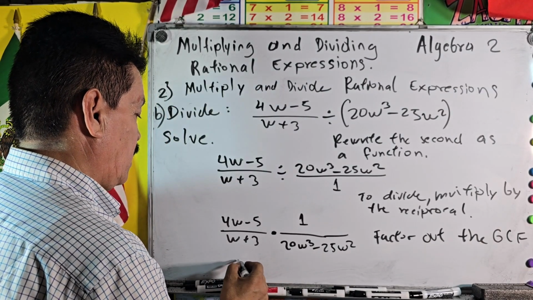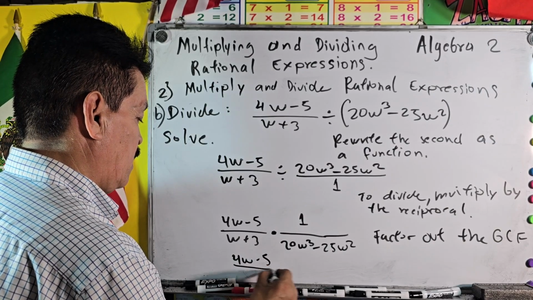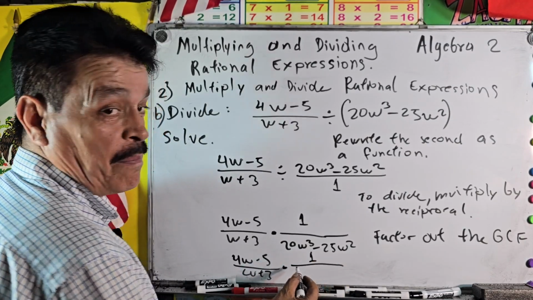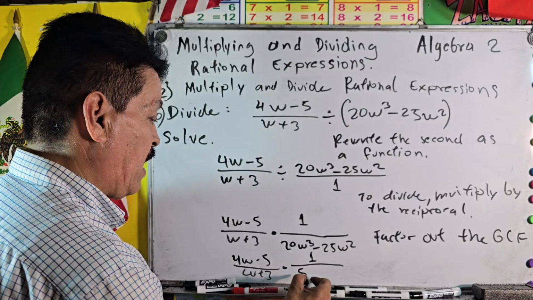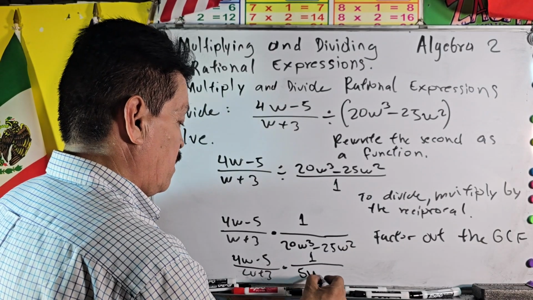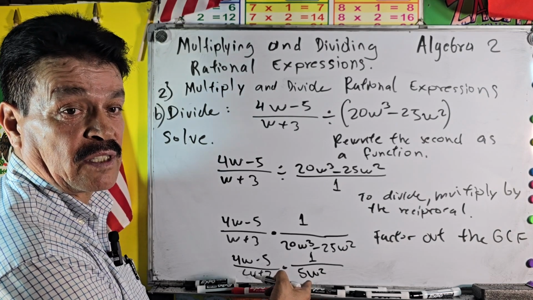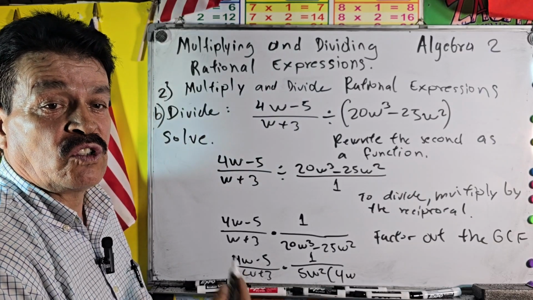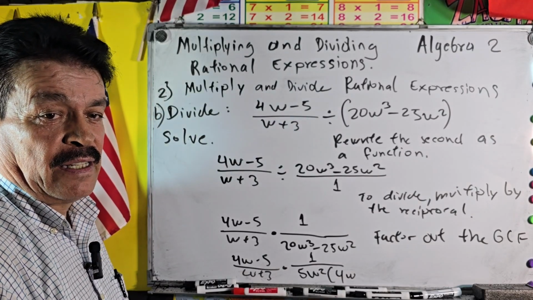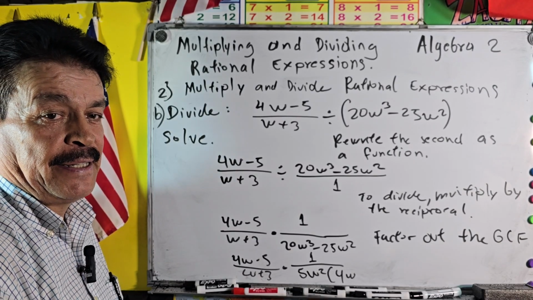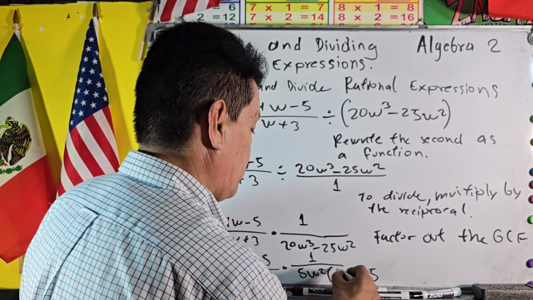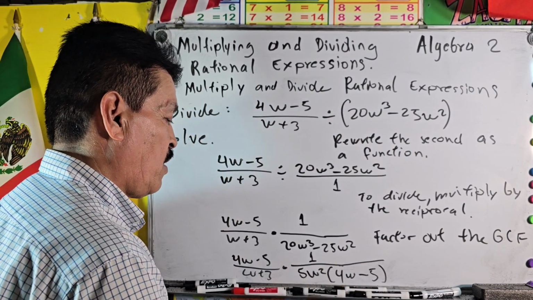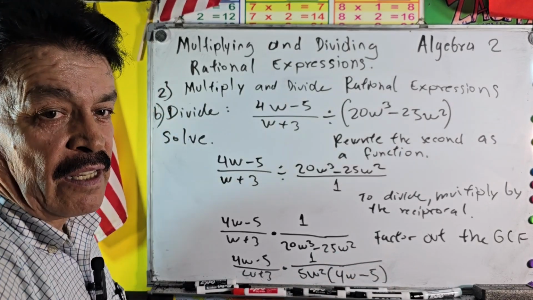The first fraction is the same: 4w minus 5 divided by w plus 3 times, in the top is 1, but in the bottom we have to factor out 5w squared. 5w squared is outside, and then inside, 4w minus 5, because w times w is w to the third. It's right here.